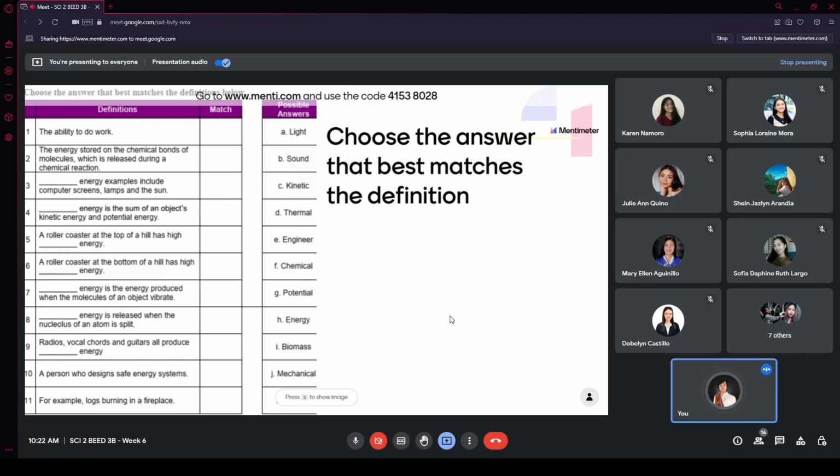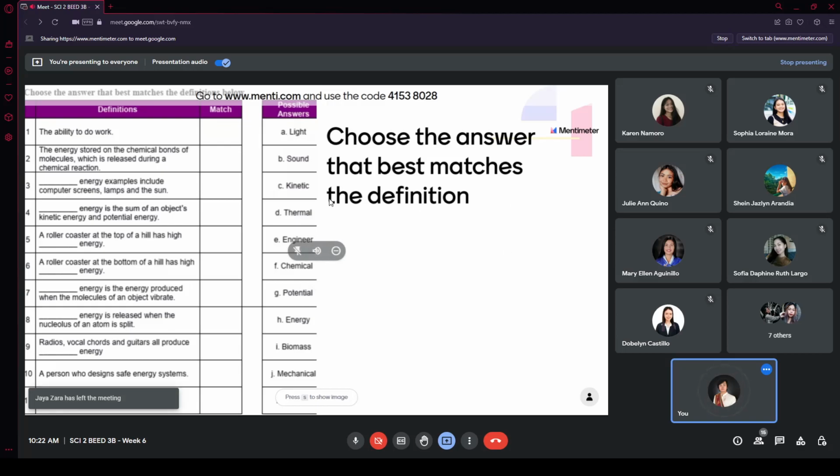For number 4, energy is the sum of an object's kinetic energy and potential energy. That should be, not mechanical. Sorry, wait.